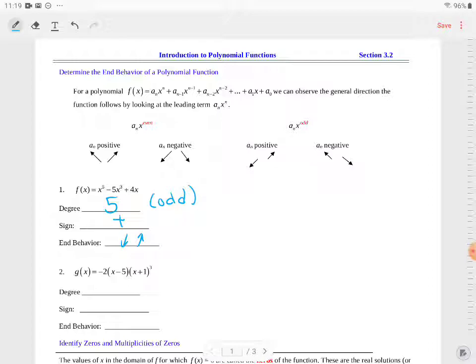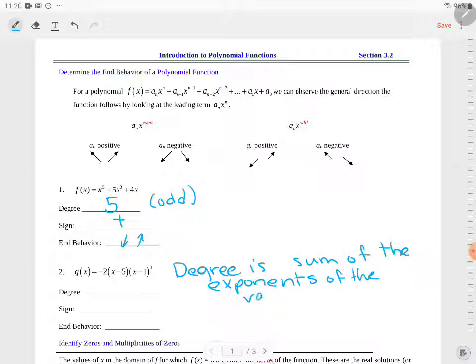Okay, here in number 2, we're in factored form. So the degree is the sum of the exponents of the variable. If you remember, for a constant or number, the degree is 0.